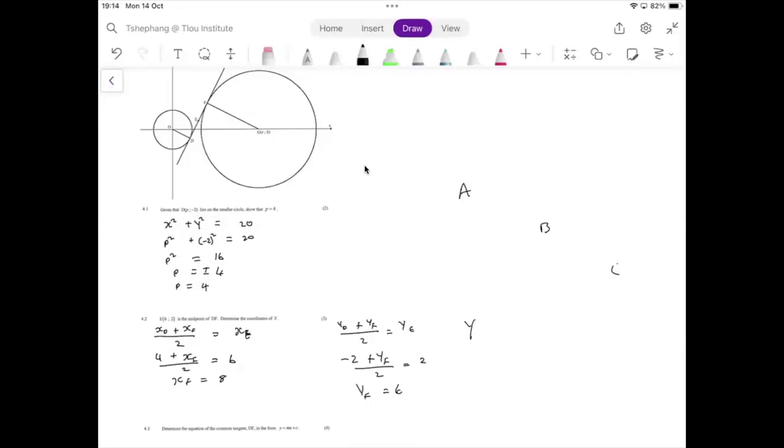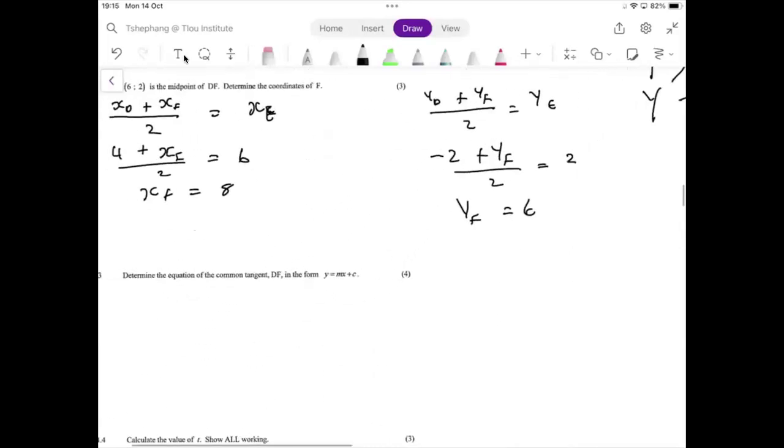When we say that Y is equidistant from A, B, and C, we simply mean that the distance from Y to B is equal to the distance from Y to A, which is also equal to the distance from Y to C. That's what equidistant means. They are equal in their distance.